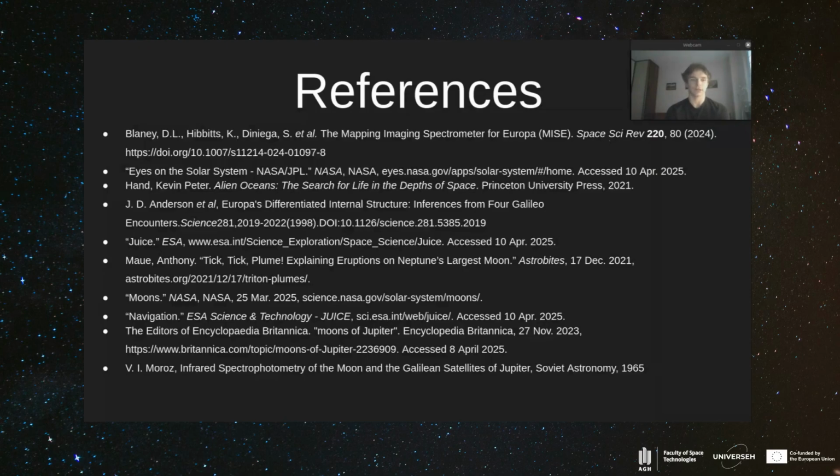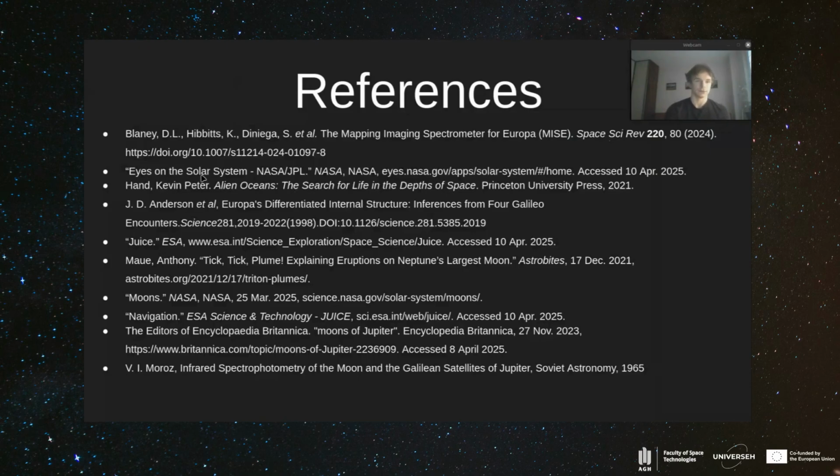There are, I think, around 18 articles connected with Europa Clipper, and for example, here is the MISE instrument deep analysis. I think it's around 40 to 60 pages long. So if someone is more interested in in-depth analysis, I recommend it.